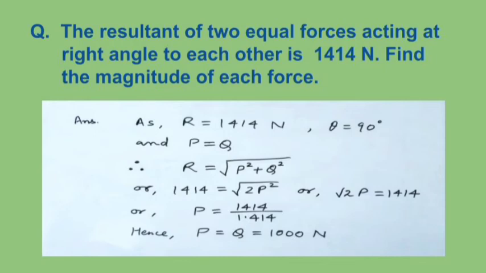So that P is equal to 1414 divided by root 2, which is equal to 1414 by 1.414 equal to 1000. Hence, P is equal to Q is equal to 1000 Newton.